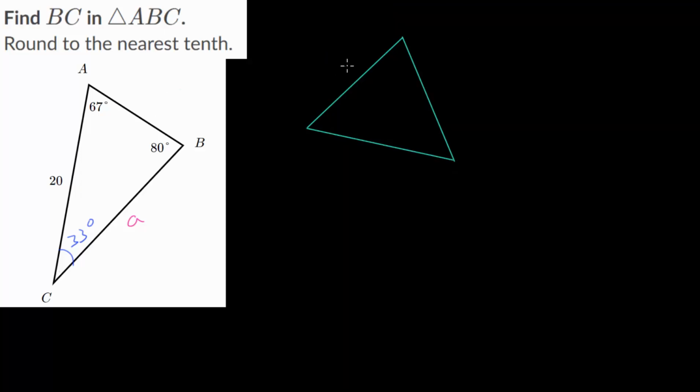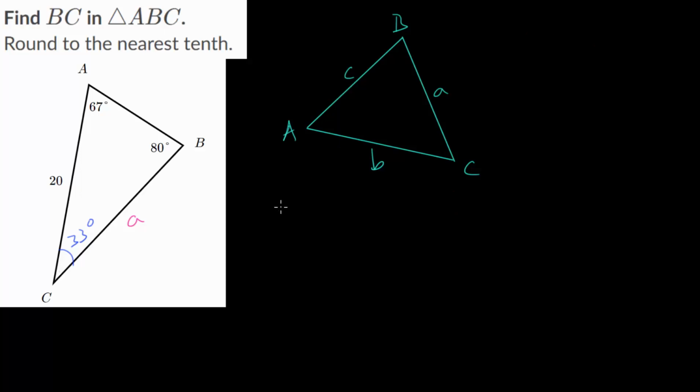Just as a refresher, if we have some general triangle here that's not a right triangle, and let's say that we have angles A, B, C, then opposite angle A will be side length little a, opposite B will be side length little b, and this side here, opposite angle C, will be little c for the side length.